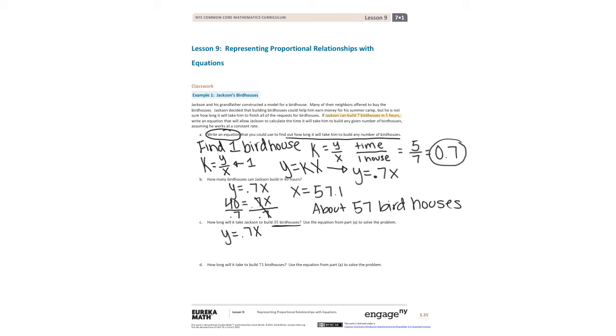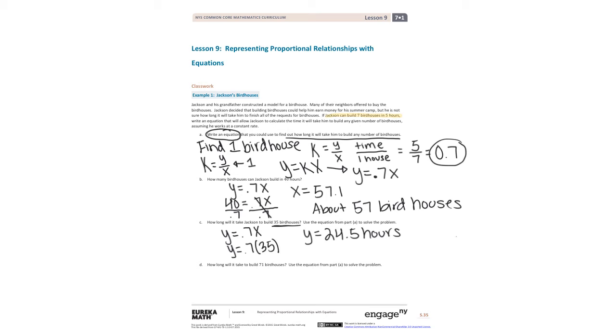We will be substituting 35 birdhouses for our x value since x talks about the amount of houses. So we have y equals 0.7 times 35. Go ahead and solve for y. Plug into your calculator 0.7 times 35. Great. Now we know that y equals 24.5 hours.